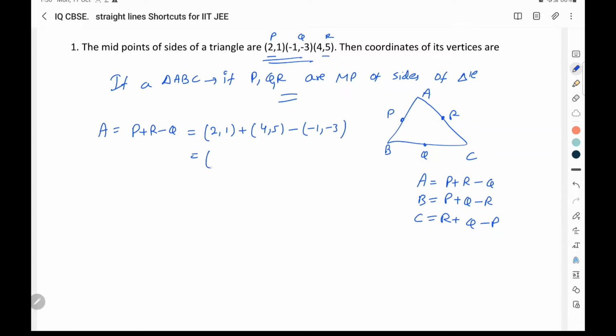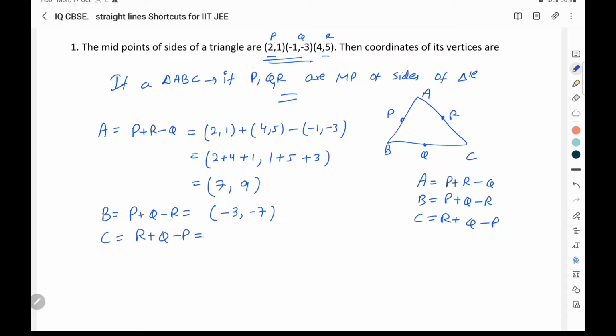So it is 2 plus 4 minus 1, and next 1 plus 5 minus 3. So here this is nothing but (7, 9). Similarly, B is equal to P plus Q minus R, that is (-3, -7). And C is equal to R plus Q minus P, that is (1, 1). Clear? Next.